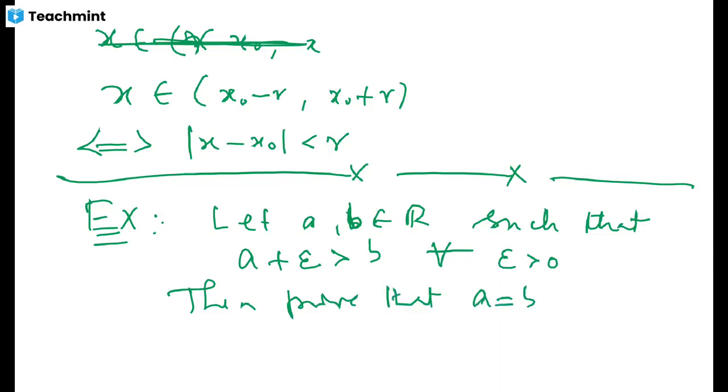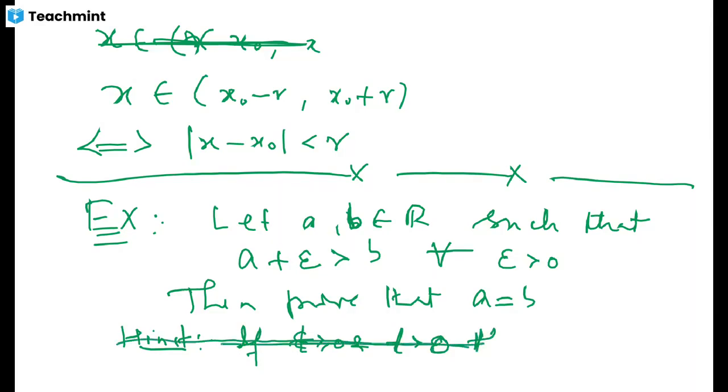I am going to give you a hint: if epsilon is greater than 0 and t is greater than 0, then... it is not a difficult thing, you just have to begin with that.